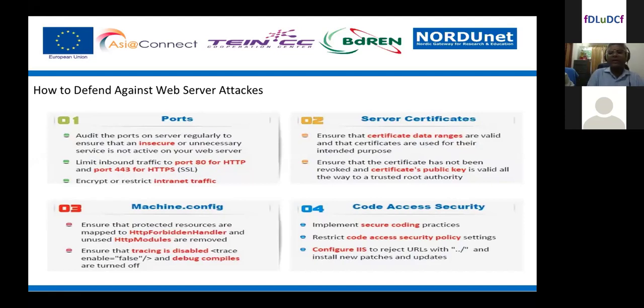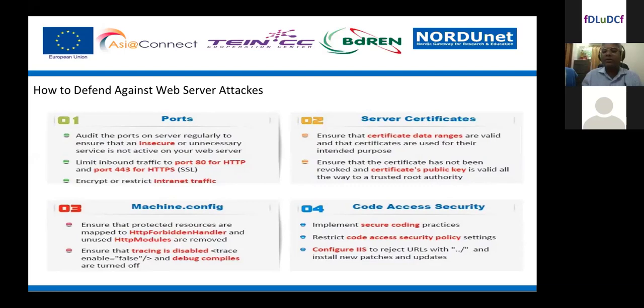And number 2 is server certificate. Please make sure that certificate date ranges are valid. For this validity there are some third-party digital certificates you can use, and the certificates are used for the intended purpose.